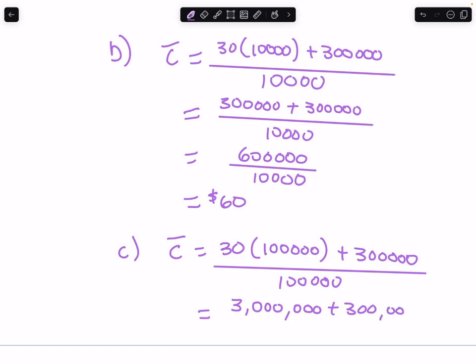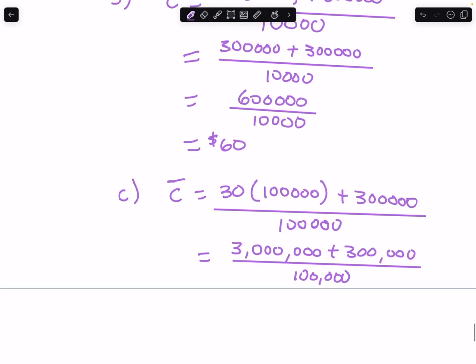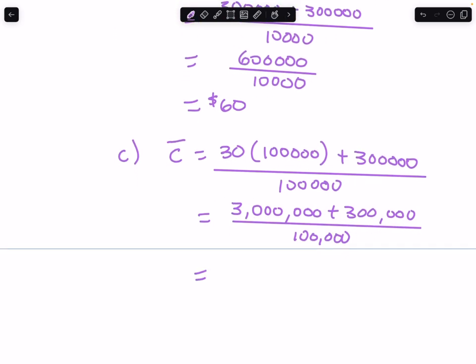Plus 300,000 all over 100,000. Okay, 3 million plus 300,000 is 3,300,000 divided by 100,000. And if you enter that into your calculator, 3,300,000 divided by 100,000 gives us an average cost per pair of $33.